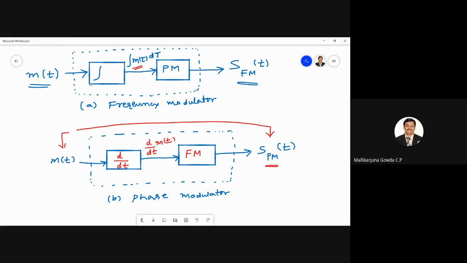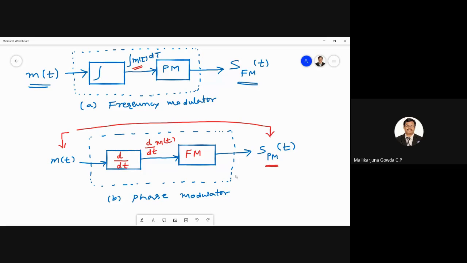I think you didn't get my point. I was talking about this. See, this is the frequency modulated signal, no? With respect to what input? With respect to the message signal m(t), right? Now, it is also a PM signal with respect to what input? This input, with respect to the integral of m(t) dt, or m(tau) d tau. Yes or no? Similarly, the second block is a phase modulated signal with respect to input m(t).